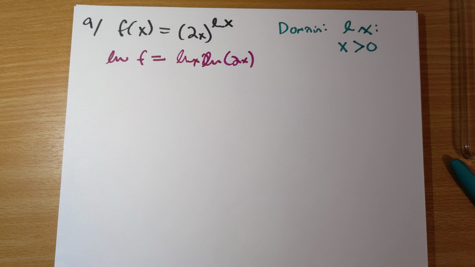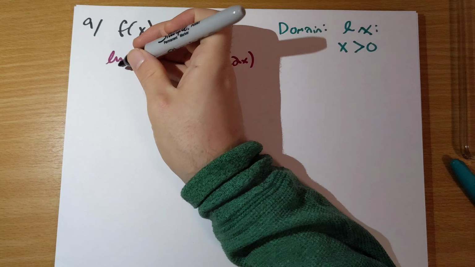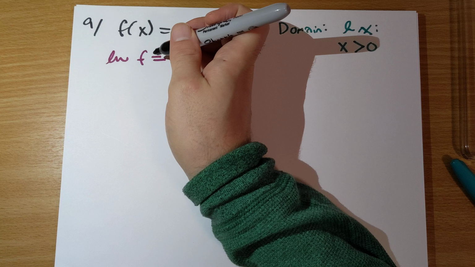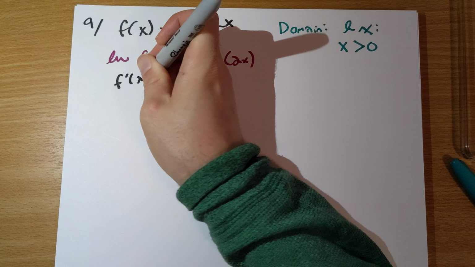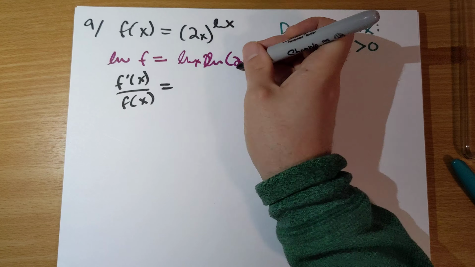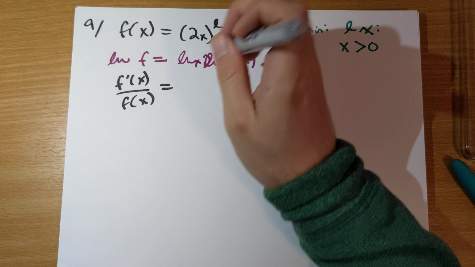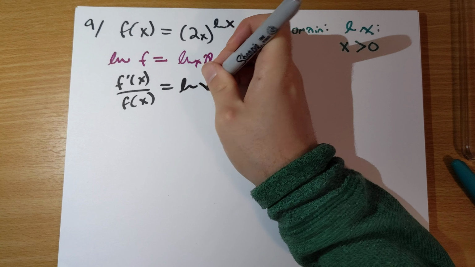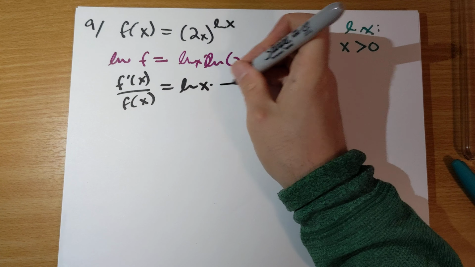Based off of this, what are we going to have when we take the derivative? When we take the derivative of the left side, we end up with f prime of x over f of x. And when we take the derivative of the right, product rule, so we'll have natural log of x times the derivative of natural log of 2x.